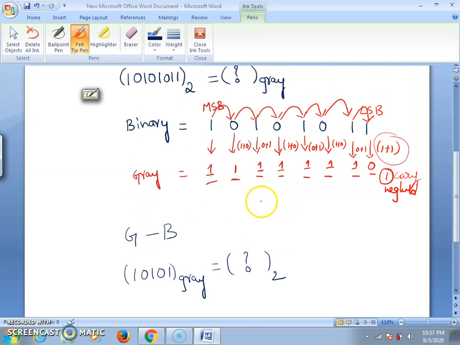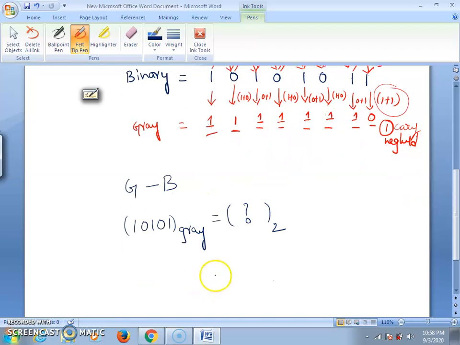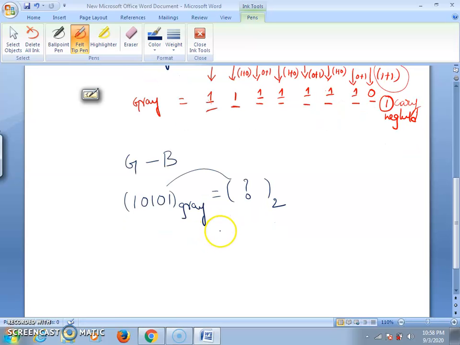In the previous example I converted binary into gray; in this example I am converting a gray number into a binary number. The given gray number is 1 0 1 0 1.